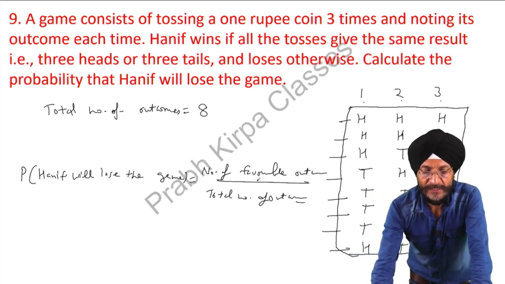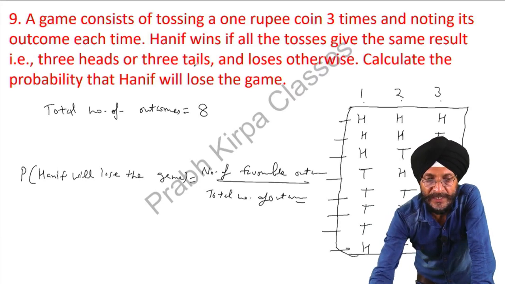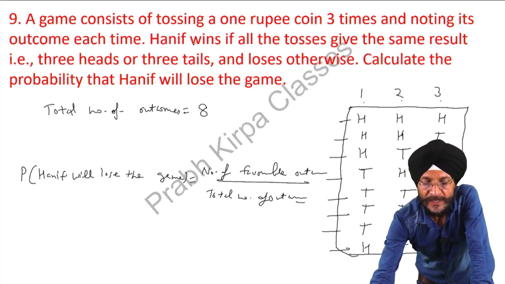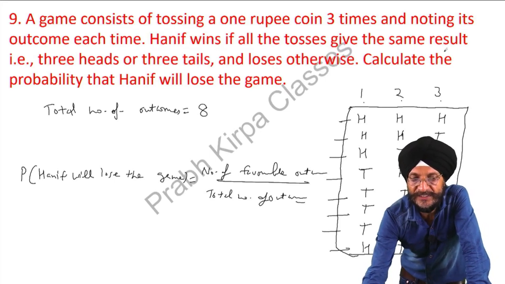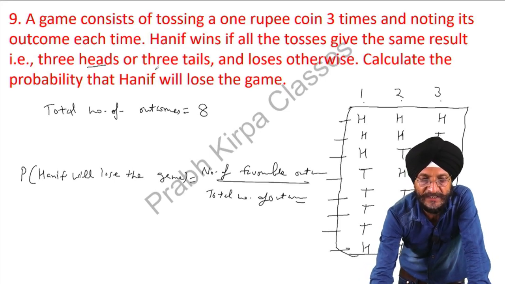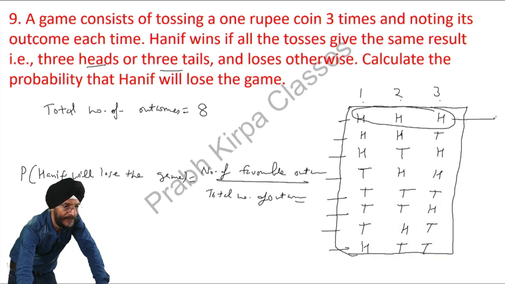So what are the favorable outcomes? That Hanif will lose the game. It is given in the question that Hanif wins if all the tosses give the same result, that is 3 heads or 3 tails. That is, if there are 3 heads, he will win. If there are 3 tails, he wins. That is, on these 2 occasions, he will win the match.